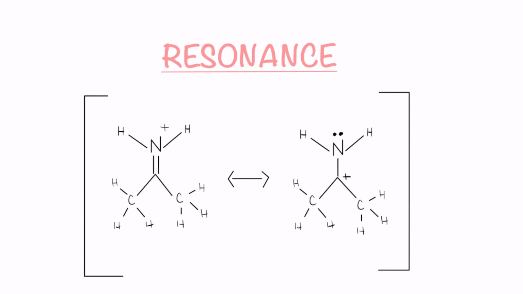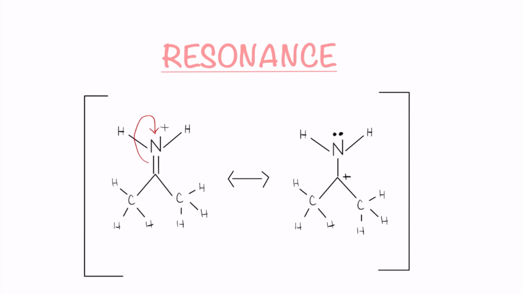So if we take one of these bonds and break them, we can turn them into a lone pair and put them onto the nitrogen. And that corresponds to the new lone pair that you see here on the nitrogen on the right. So to show this, we draw an arrow going from the bond over to the nitrogen. And this indicates that the bond here is going to break and form a lone pair on the nitrogen here.